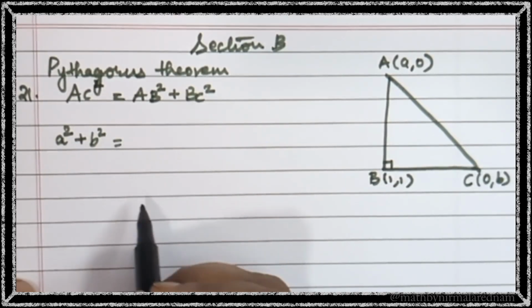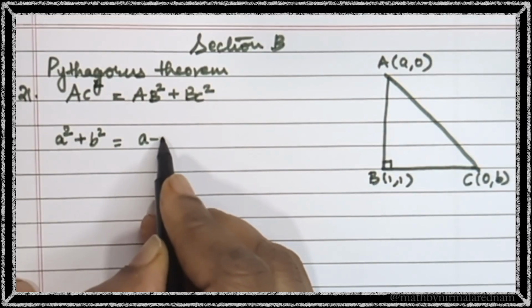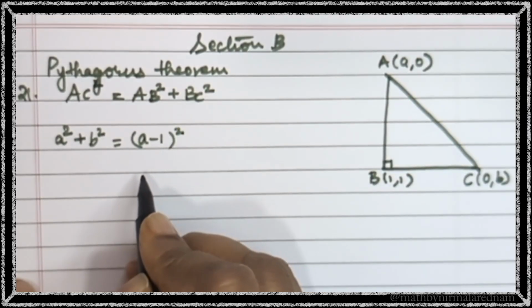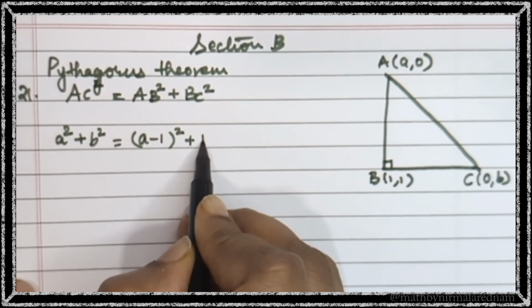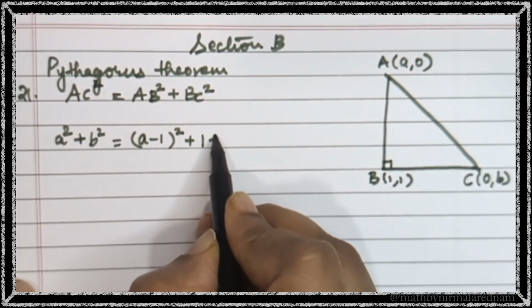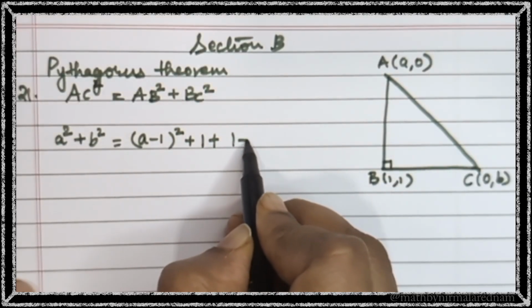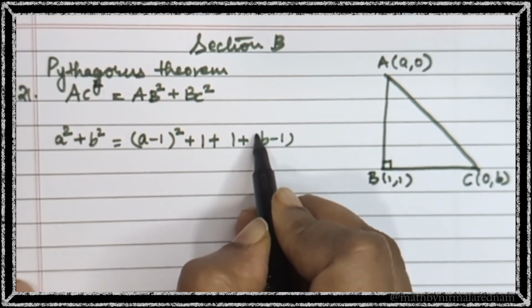Is equal to, now if you look at AB square, the difference of x coordinates is A minus 1 and I have to square it, and difference of y coordinates is 1. Square of it is 1 again. Now BC square similarly is going to give you 1 plus B minus 1 whole square.